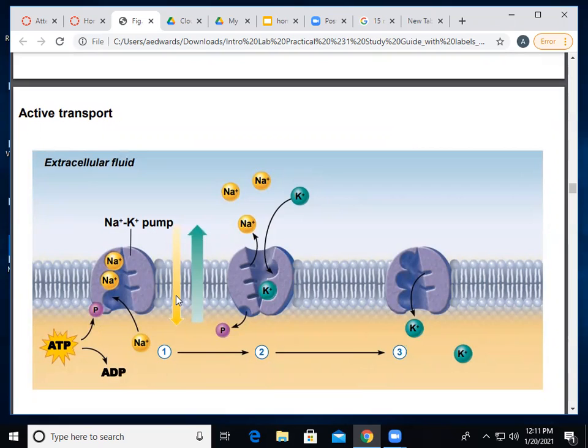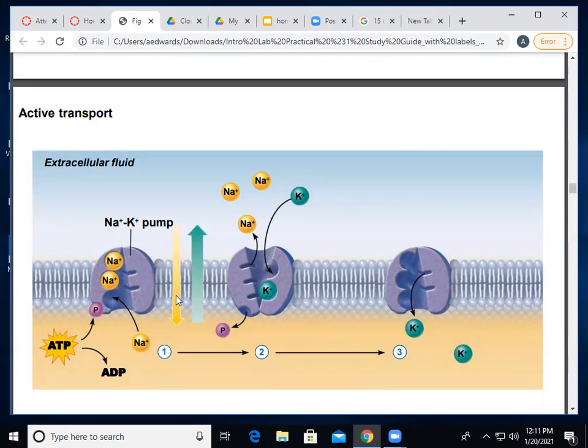But you're going against the concentration gradient, because naturally, it's the other way around. So you have another system that's opposing this. This is going against what would happen normally. Going against what you would normally do is going to require energy.